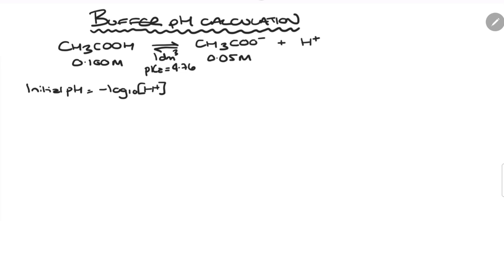We have to use the equilibrium constant for this equilibrium and say that Ka is equal to H plus, which is the term we want to calculate, multiplied by the ethanoate salt concentration, which we know, divided by the parent acid concentration.